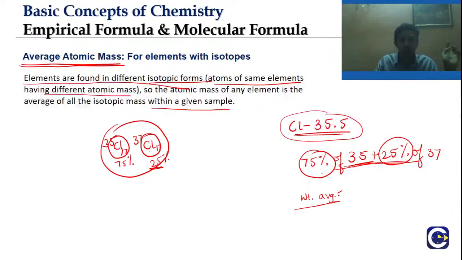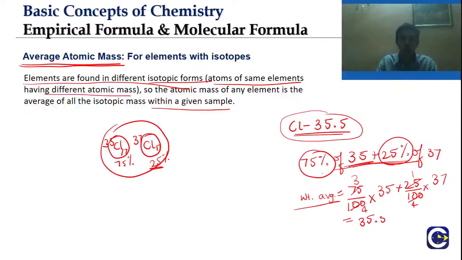So it will be 75 by 100 into 35 plus 25 by 100 into 37, which, if you perform the calculation, is 3 by 4 and 1 by 4, so that will come out to be 35.5.